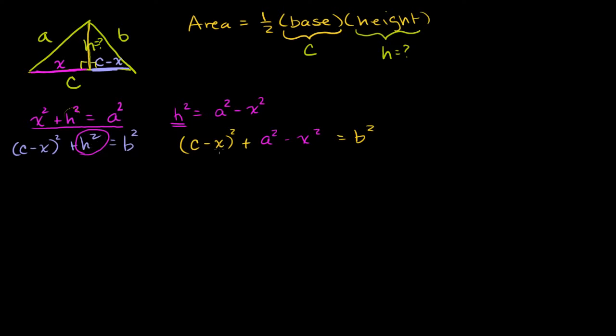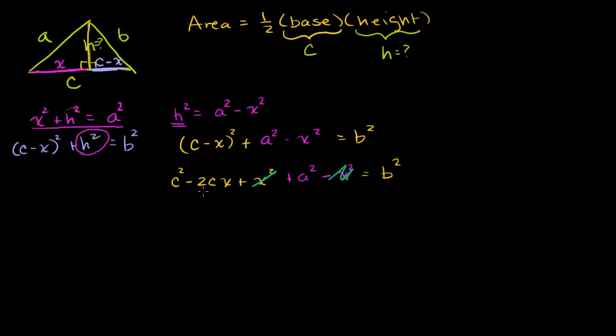Now let's expand this expression out. (c minus x) squared is c squared minus 2cx plus x squared. And then we have the plus a squared minus x squared equals b squared. We have an x squared and a minus x squared there, so those cancel out.